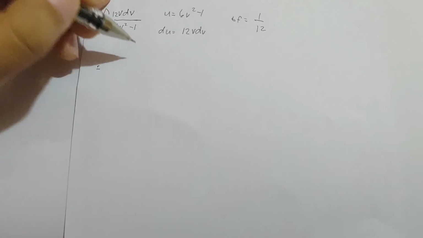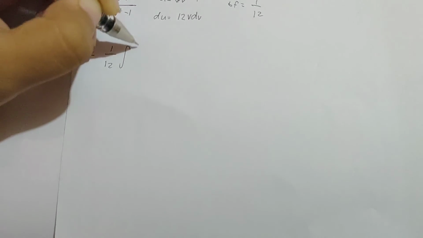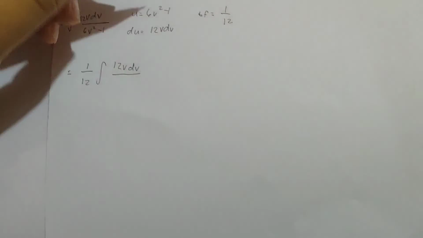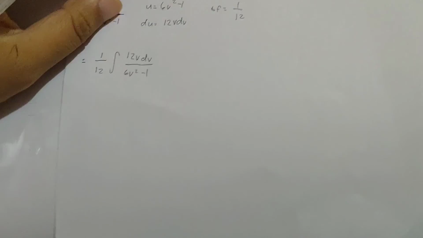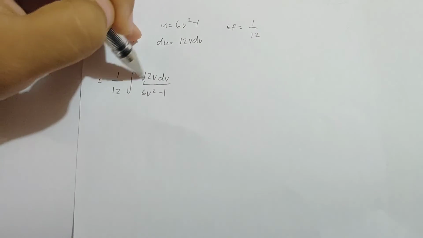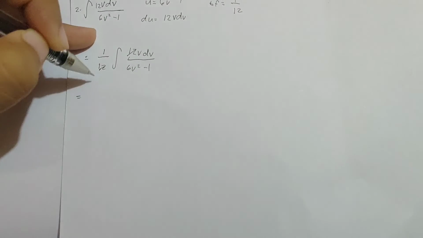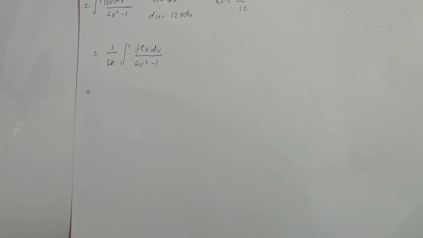So to balance, we have to put 1 over 12 and 12v dv all over 6v squared minus 1. After that, we will simply cross out the 12 since we already have a 1 over 12 here.